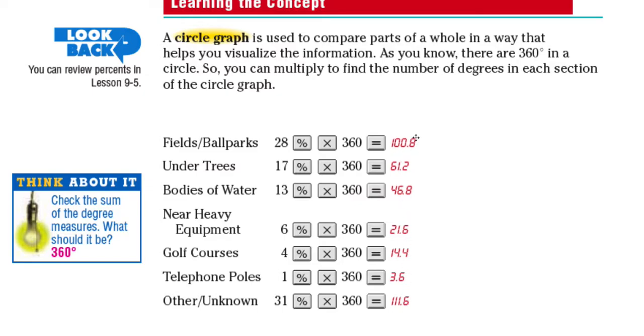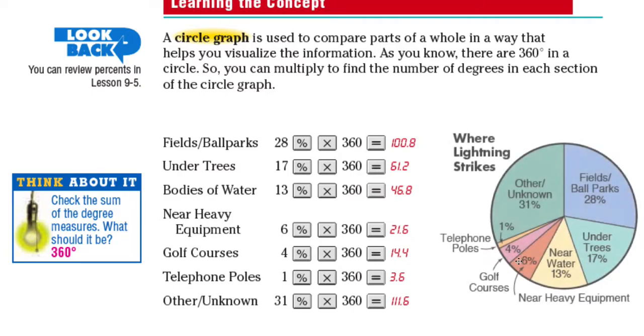If you want to express all of these in a circle graph, this is what it's going to look like. So where lightning strikes, others unknown, 31%, is actually around 112 degrees.